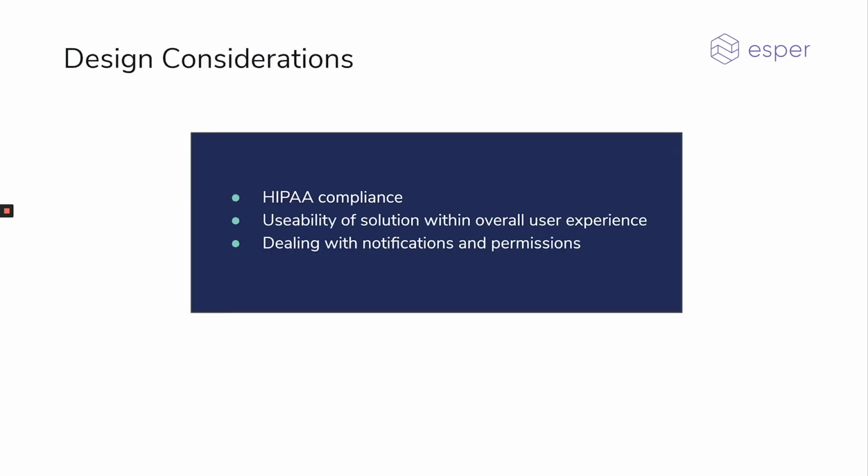When writing a telemedicine solution, there are some issues that you need to think about. One of them is HIPAA compliance. First and foremost, you want an encrypted channel for your video communication, and ideally, end-to-end encryption and one-on-one communication.